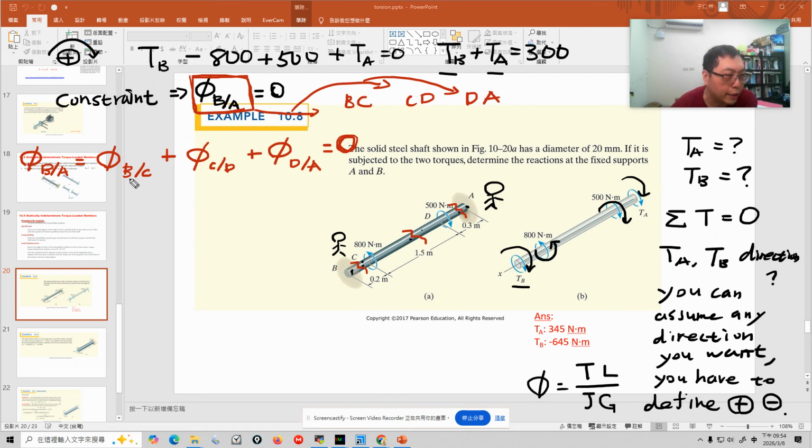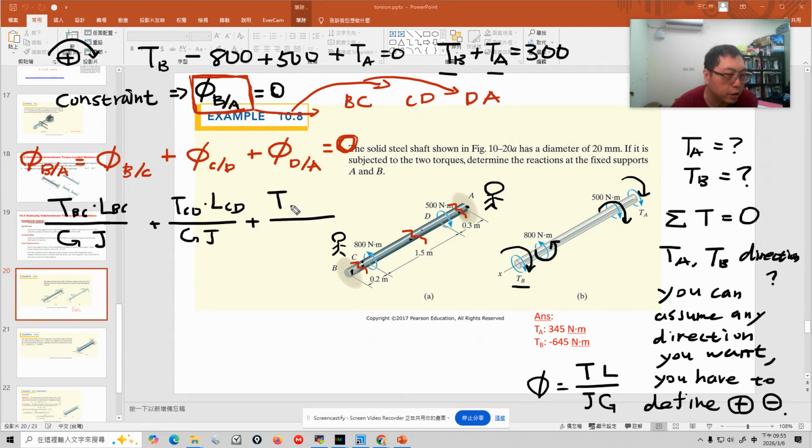So write down this equation. It's TBC times LBC divided by G and J, plus TCD times LCD over GJ, plus TDA times LDA over GJ, add them together equal to 0.